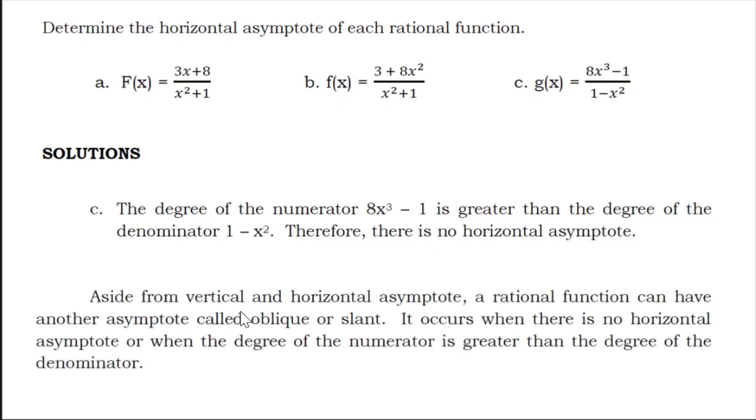Aside from vertical and horizontal asymptotes, a rational function can have another asymptote called oblique or slant. It occurs when there is no horizontal asymptote, or when the degree of the numerator is greater than the degree of the denominator. Since problem C has no horizontal asymptote, this function has an oblique or slant asymptote.